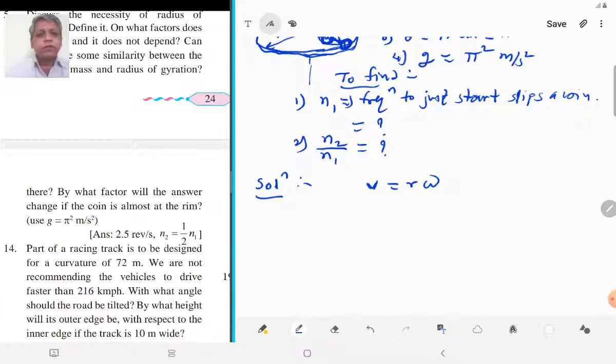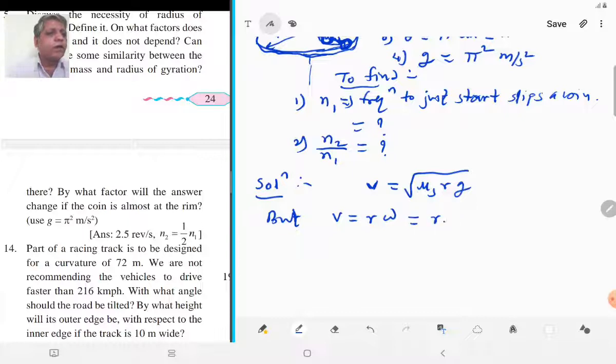And that is, V is equal to square root of mu s Rg. But V is equal to R into omega, that is equal to R into twice pi n, where n is the frequency and R is the radius of circular motion.